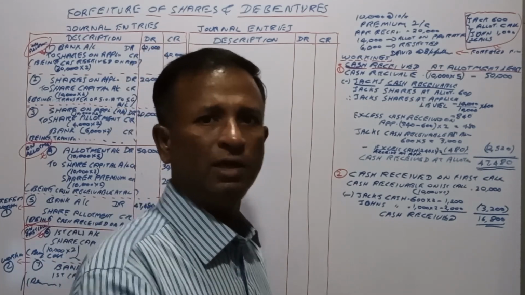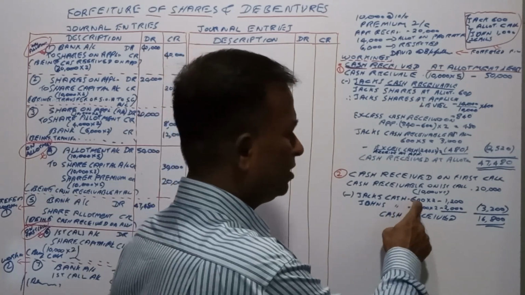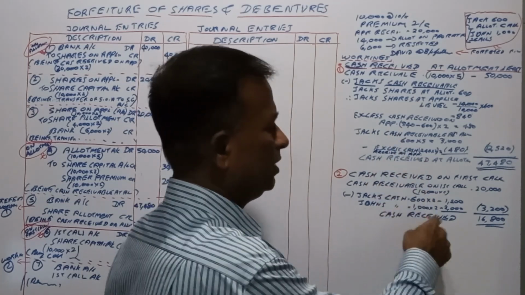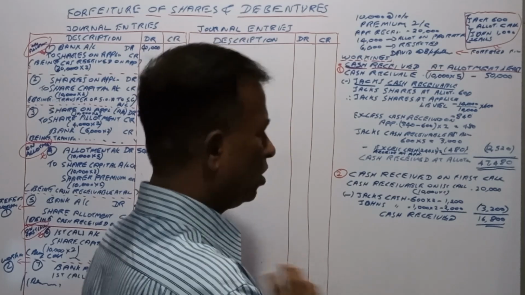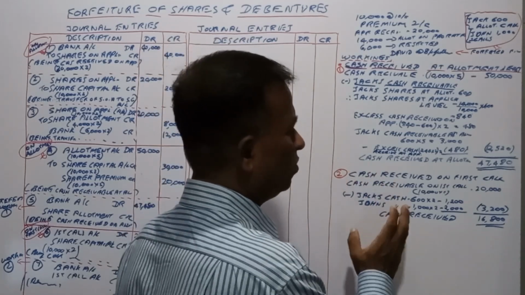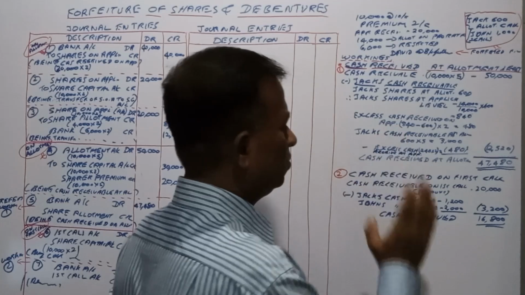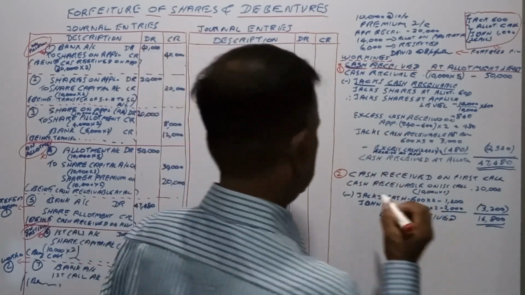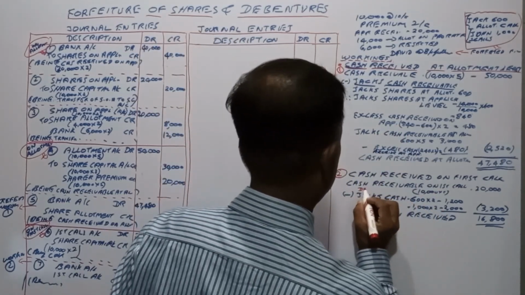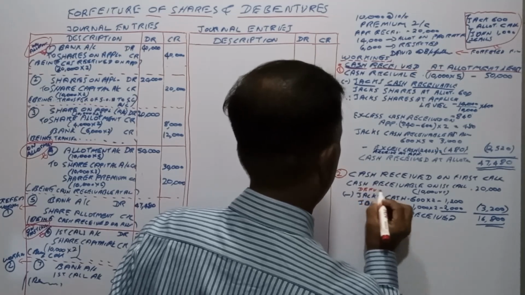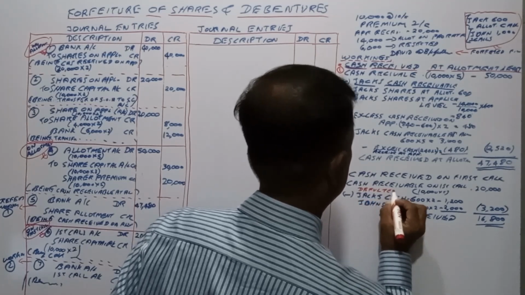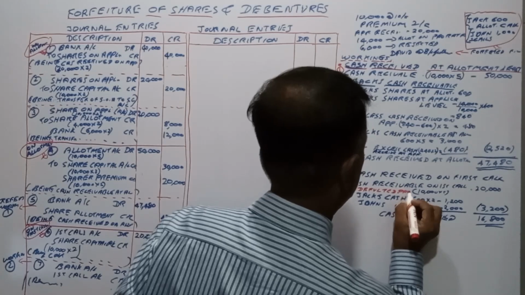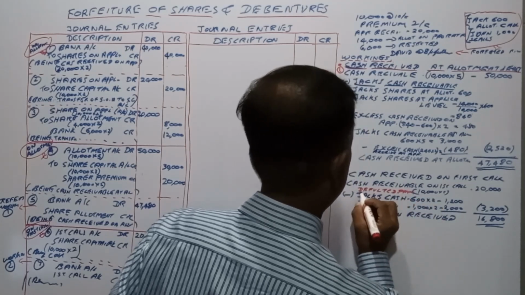One is Jack, his number of shares is 600. 600 into 2 is 1,200. John's cash is 1,000 into 2, that is 2,000. Defaulted payment. Right?